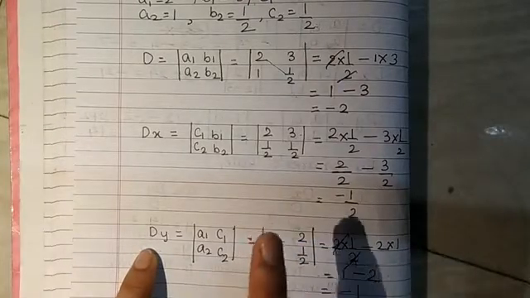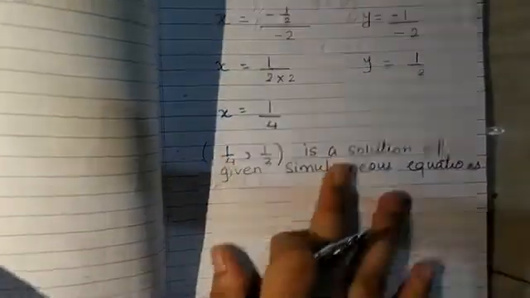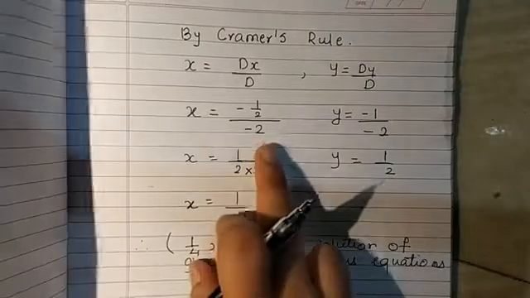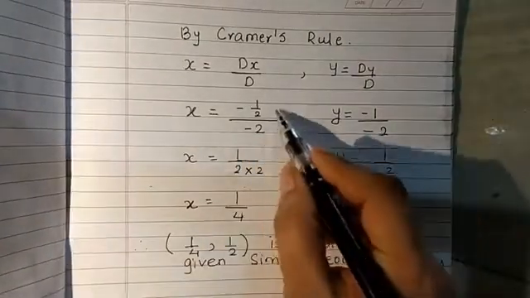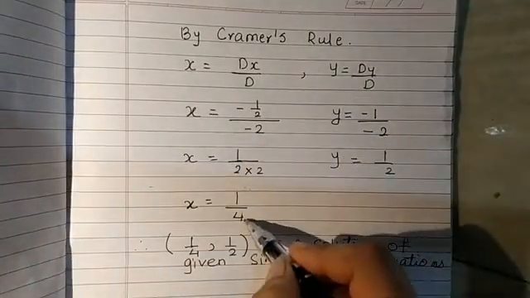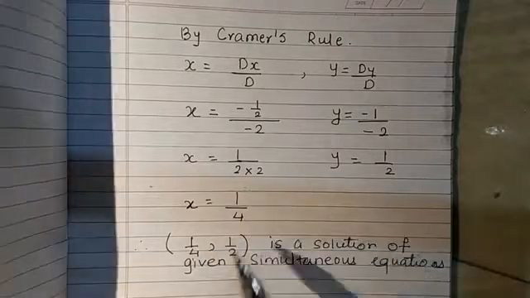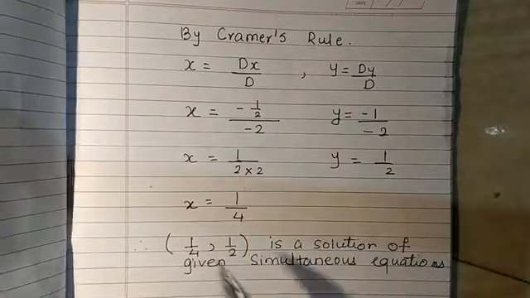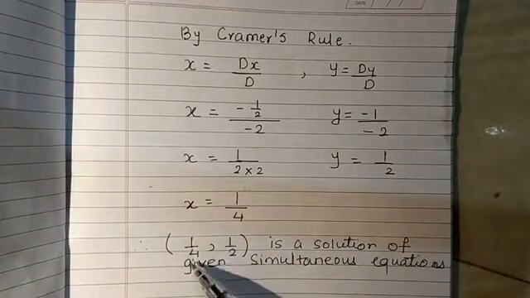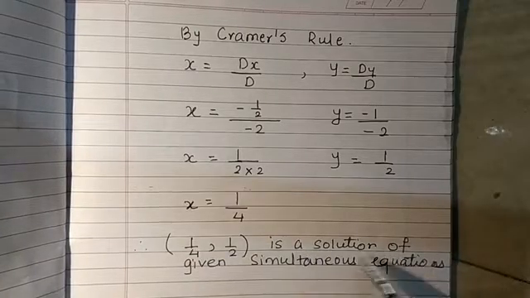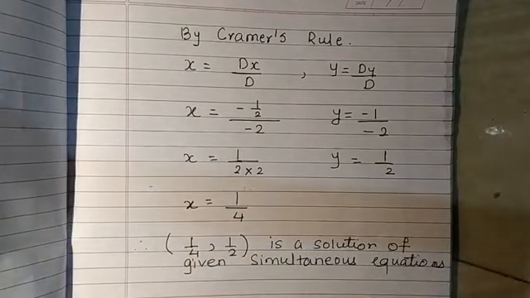All these values you will substitute here in the Cramer's rule. Those values I have substituted here. You pay attention, 2 into 2 will multiply and it will become 4. So x is equals to 1 upon 4. So I will write down my final answer: 1 upon 4 comma 1 upon 2 is a solution of the given simultaneous equations.